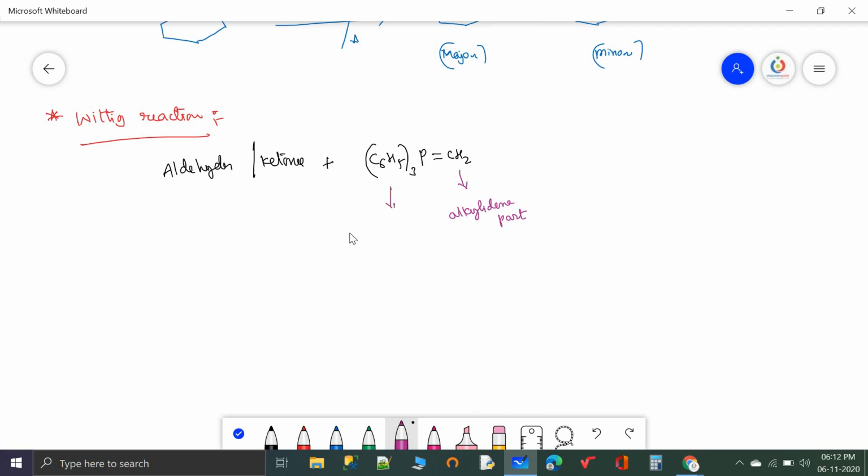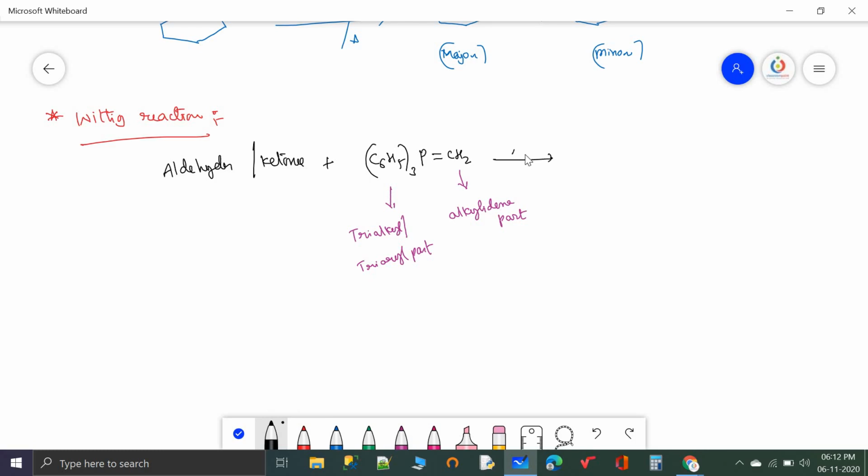This is called the trialkyl, or triaryl, part. Whatever the trialkyl or triaryl part is, it will not get affected. Only the alkylidene part participates in the reaction with the aldehydes and ketones.